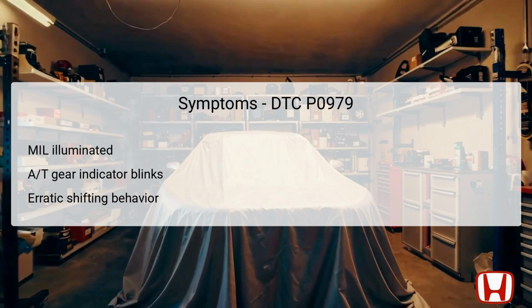Drivers may also experience erratic shifting behavior, which can manifest as harsh or delayed shifts between gears. This can detract from driving comfort and may lead to further transmission damage if left unaddressed. Identifying these symptoms early is vital for preventing more significant mechanical issues down the road.